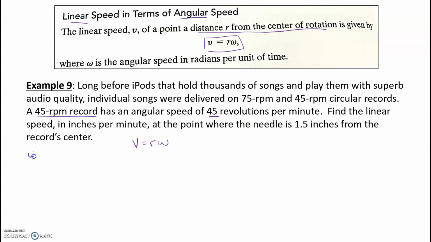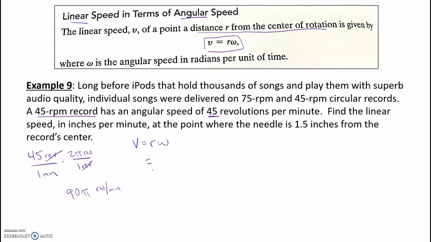If you have 45 revolutions per minute, we know there's 2 pi radians in 1 revolution around. So here we'll get 90 pi radians per minute. There's my angular speed, 90 pi radians per minute.